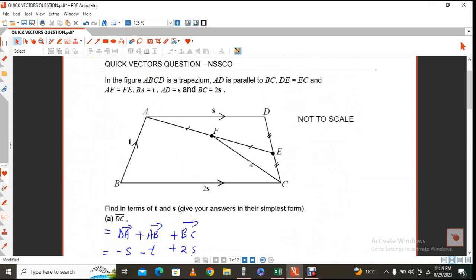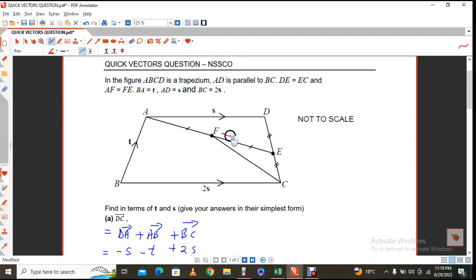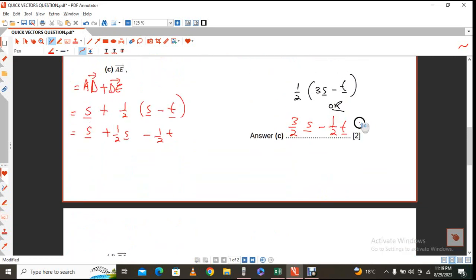So the distance that we now have to take is F to C. We can find this by saying, okay, wait a minute, it's the same as going from FE, which is something I have from my previous answer.